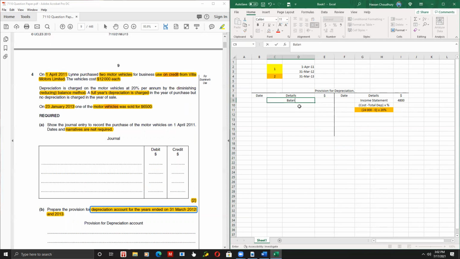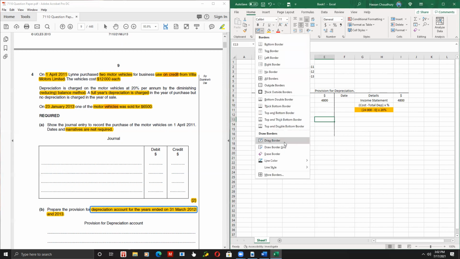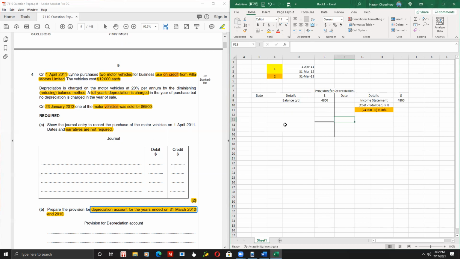So balance carried down, 4,800, and close the accounts. So 4,800 here, 4,800 here, and this should be balance brought down, 4,800.